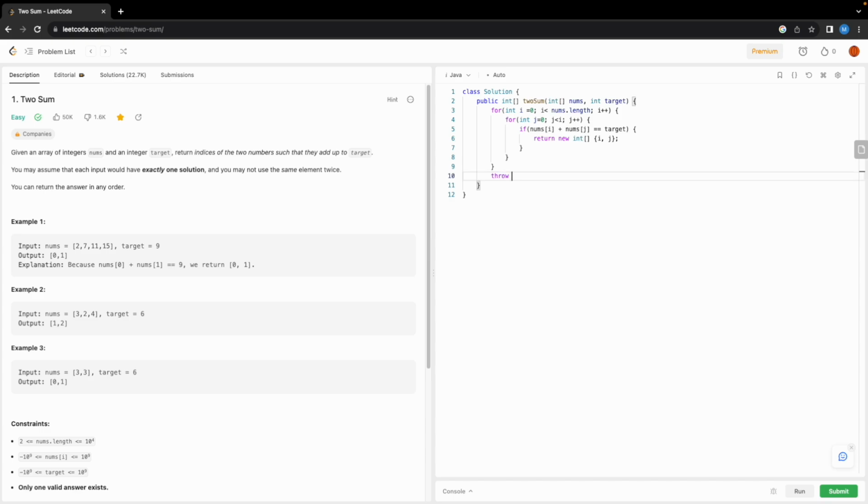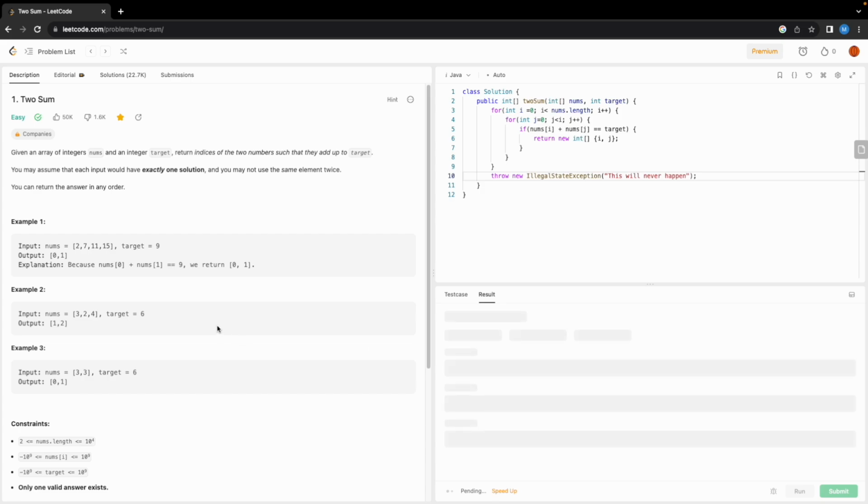That is why we will just throw illegal state exception. This will never happen. Okay. So we are going from i equal to 0 to size of the array, j equal to 0 to j less than i. So when i is 0, the first round would be skipped. When it is 1, it will keep comparing all the history items.